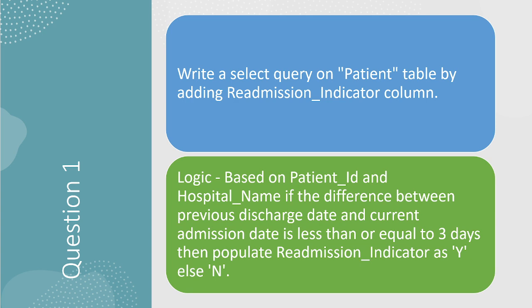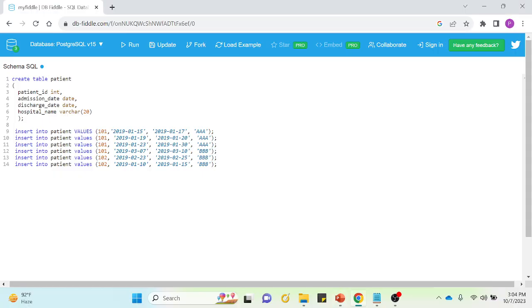So if the date difference between the previous discharge date and the current admission date is less than or equal to 3 days, we need to populate that column as yes, else no. So this question is asked for a health insurance point. So let's check how to work on this.